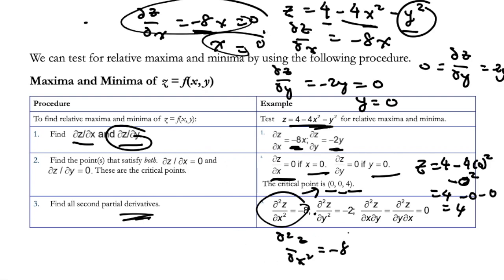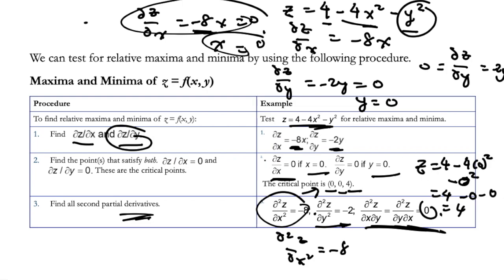Then I get minus 8, isn't it? Find the second derivative, delta z over delta y. From minus 2y, you get minus 2. For delta z over delta x delta y, you're going to get 0. I hope by now you know how to find this, yeah?